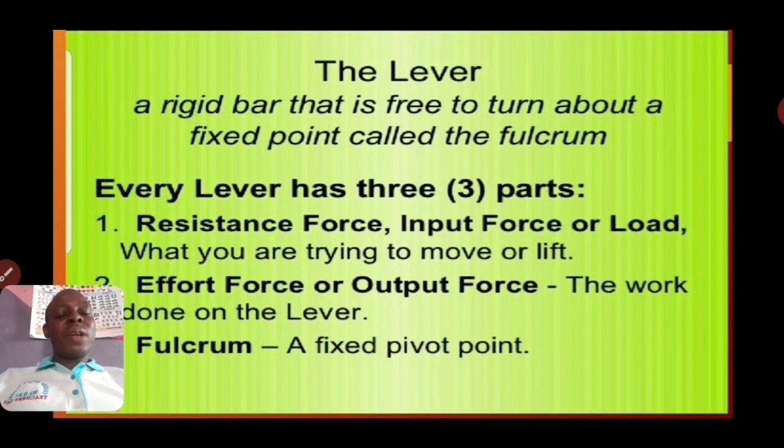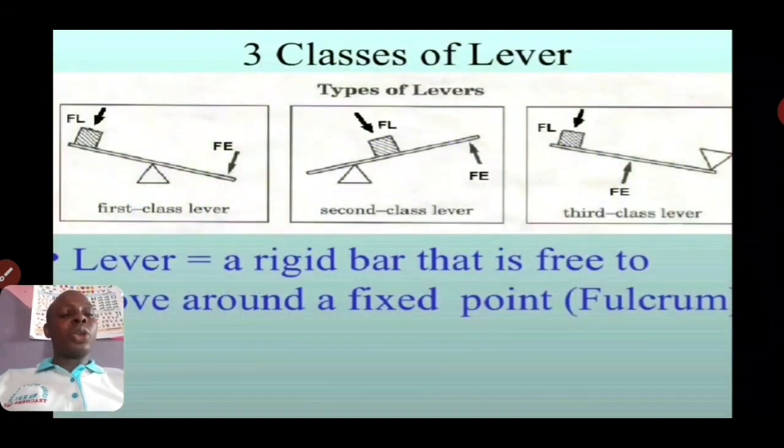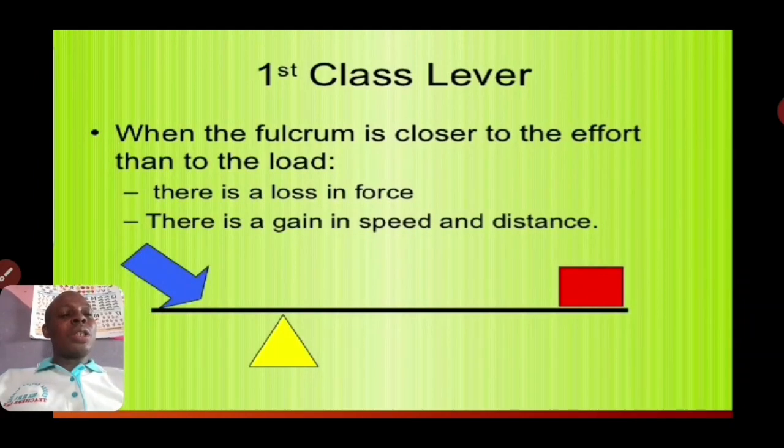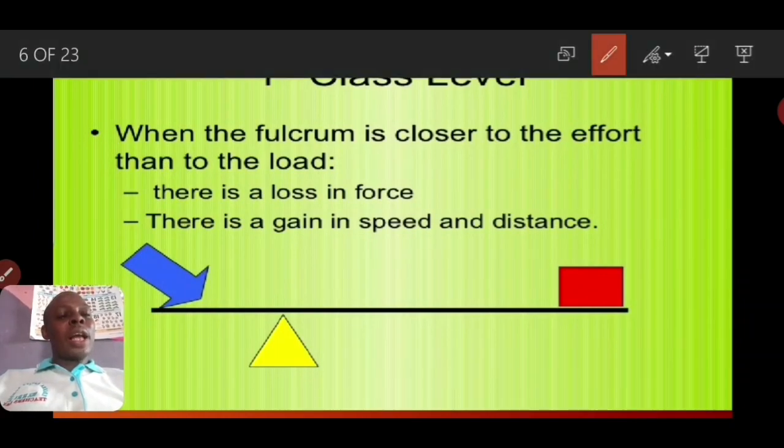The lever is a rigid bar that is free to turn about a fixed point called the fulcrum. Let me just go forward and show you what I mean by this. Look at it now. This is an example of a lever.